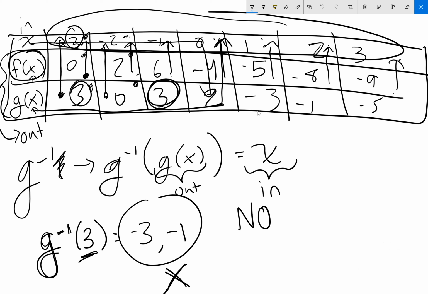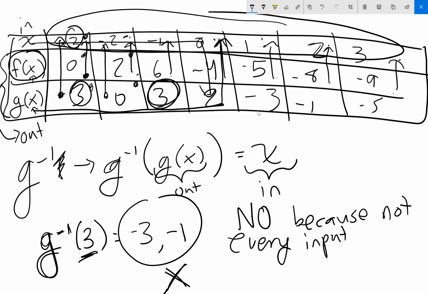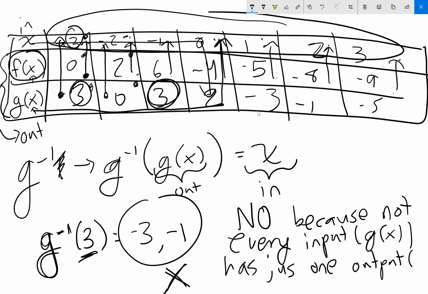So no, because not every input, in this case G of x, has just one output, being x, right? So this 0 might have one output, this -3 might have one output, this -1 does, this -5 does, but this 3 is causing the issue. It has more than one possible output. So therefore, it is not a function.